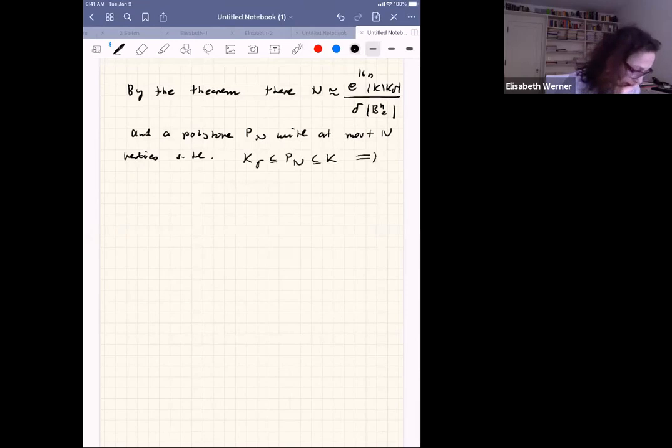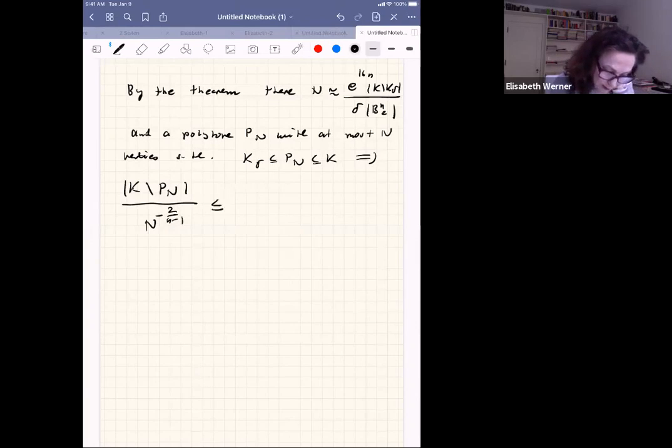Consequently, we look at the volume difference between the convex body and this approximating polytope. That's how we measure how good the approximation is, and we also divide by n to the minus 2 over n minus 1. It was important that we make sure the floating body is a subset of this approximating polytope.